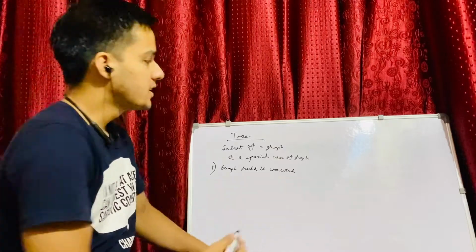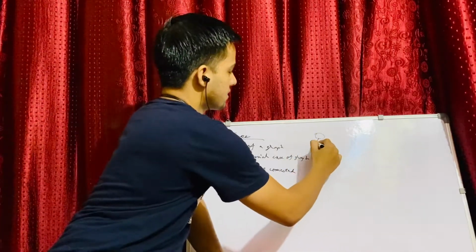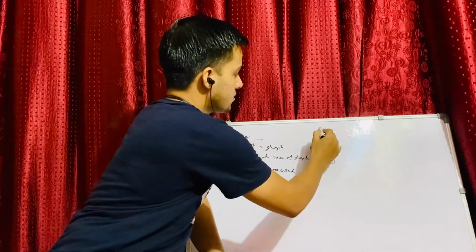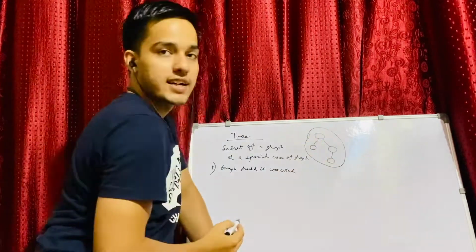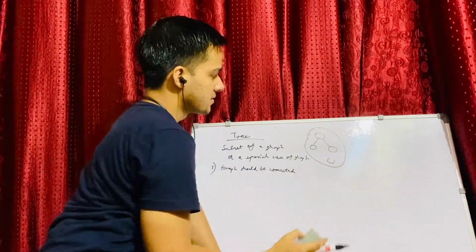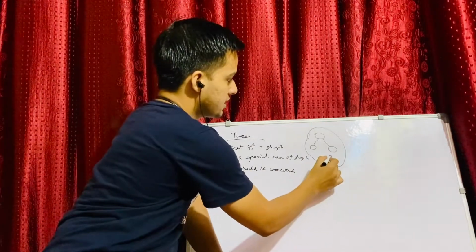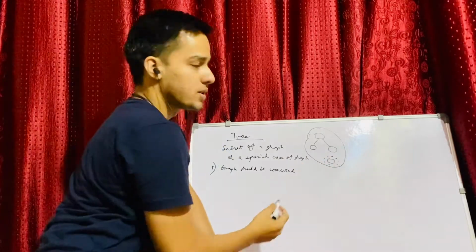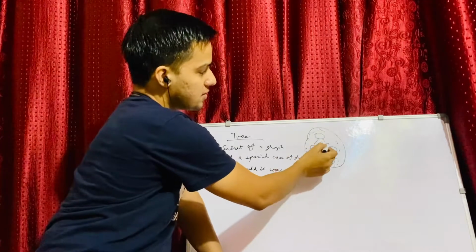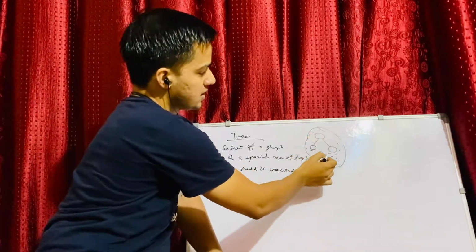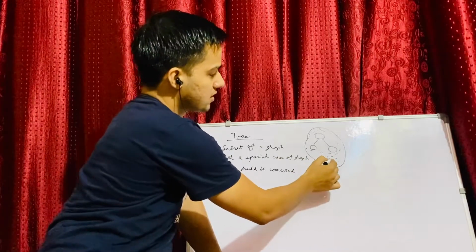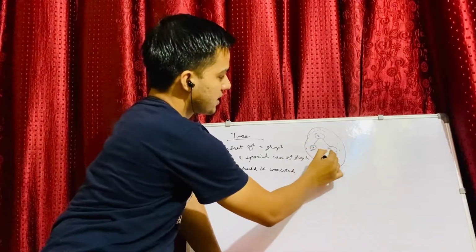By connected I mean, let's say you have a graph like this where there are certain nodes. This is what a connected graph looks like. But if I remove this particular edge, then this is a separate component, and here this is a separate component, and any node in this component can't reach any node in the other component. Let's name the nodes 1, 2, 3, 4.